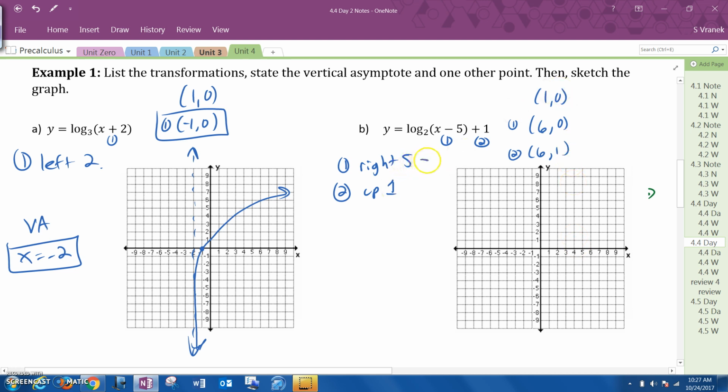Also, the vertical asymptote moves right 5, so the vertical asymptote is at x equals 5. So here's the vertical asymptote at x equals 5. The point is at (6, 1) because it got moved up. And then it's the same sketch though pretty much. So there's that one.